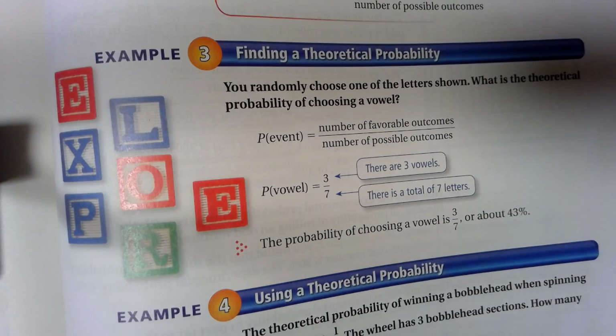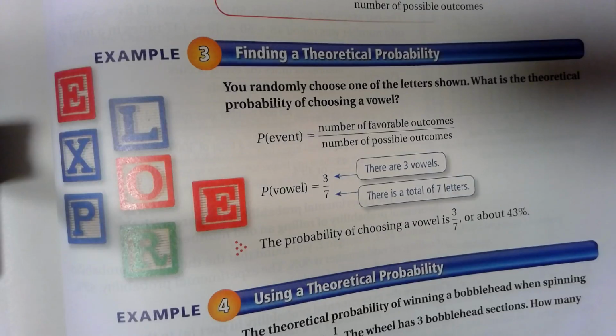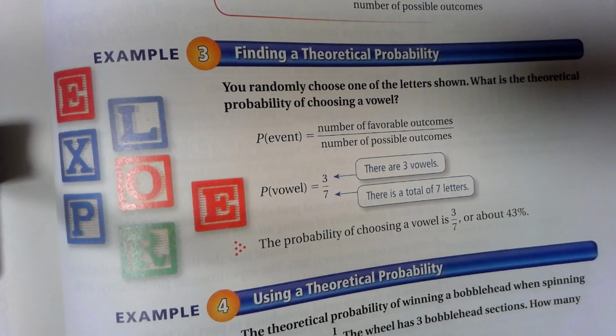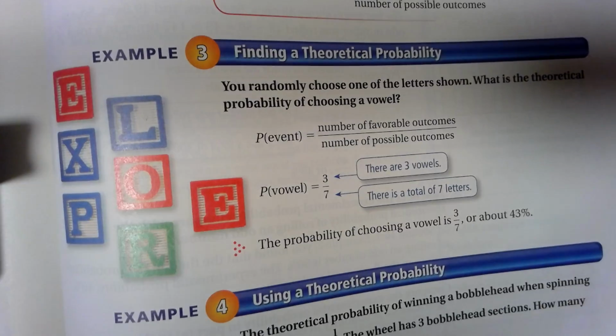You're figuring out your probability based on what should happen, and figuring out your chances, for example, of winning a game.